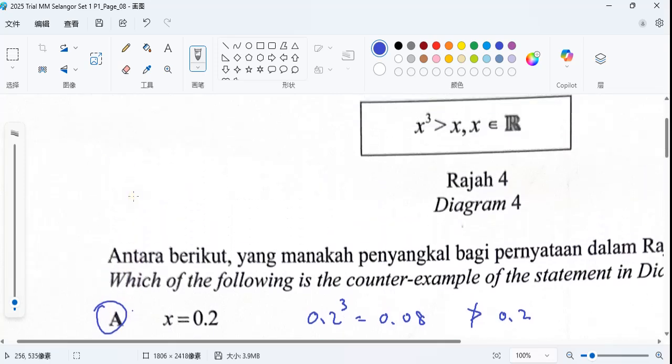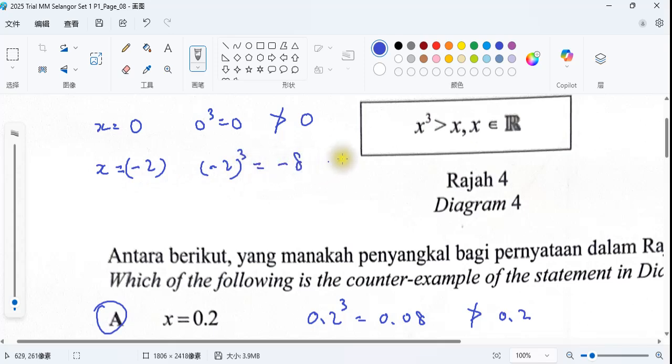Okay, so actually we have another counterexample, which is 0. When x equals 0, 0 to the power 3 is 0, so this is not greater than 0. And if we have negative 1 or negative 2 here, negative 2 to the power 3 will be negative 8.